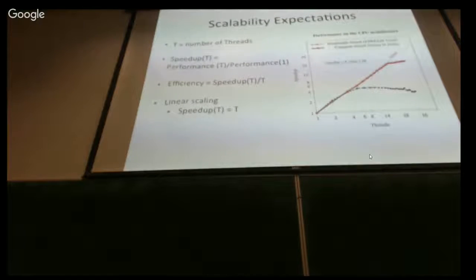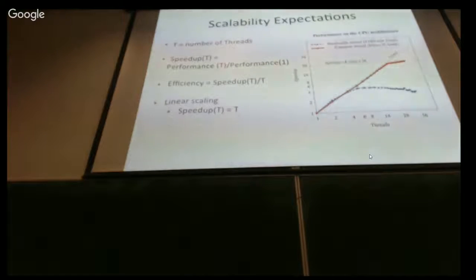So, scalability expectations. Again, you've probably touched on this a fair bit. You have T number of threads. Your speed up is calculated by the performance you get with T threads versus the performance you get with 1 thread. That's a naive interpretation of speed up, but it works.